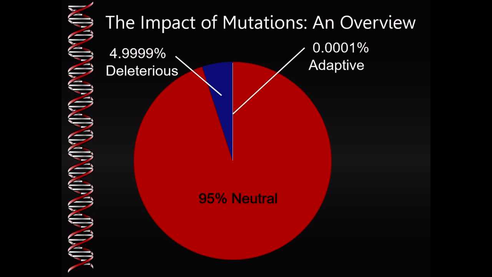So when we come around and look at organisms, we don't see this number quite like this. Still, a great majority would be effectively neutral of the variety that we see in organisms. We would not see nearly as many deleterious mutations because they've been removed and worked on by natural selection.